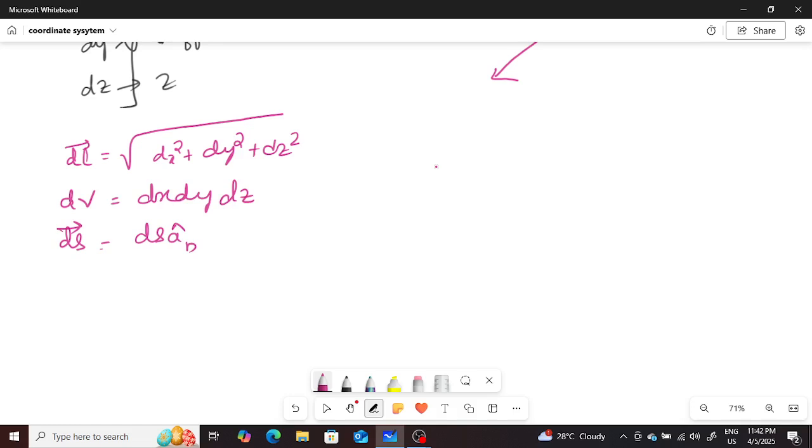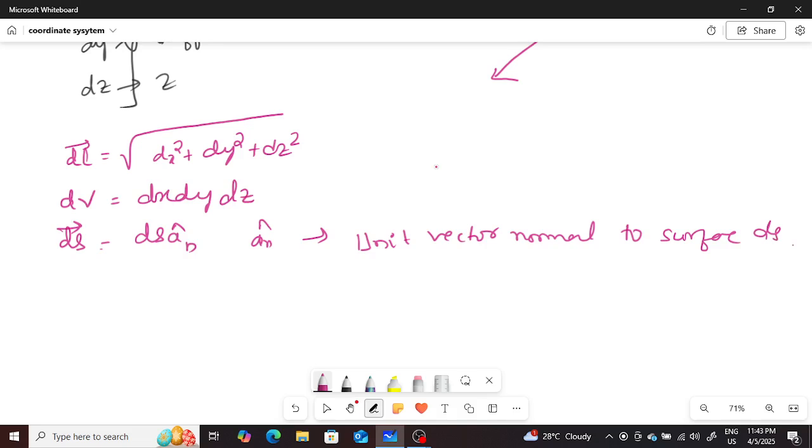So again, what is an here? The new term an, right? That is the unit vector normal to the surface dS. Okay.